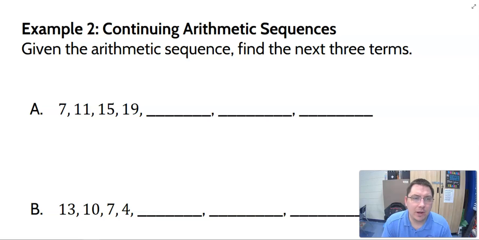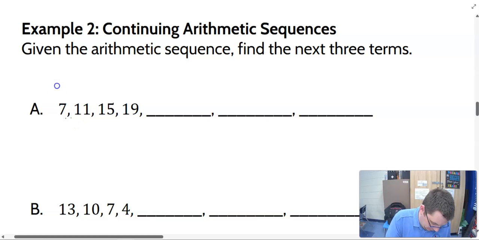In example 2, we're going to continue arithmetic sequences. To do that, we've got to recognize the pattern and then continue the pattern. In the first example, we have 7, 11, 15, and 19. We want to ask ourselves, how do we go from one term to the next? Well, in this pattern, +4, +4, +4, right?